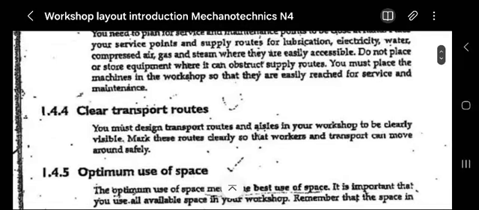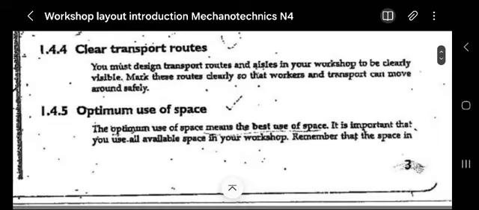Clean transport roads. You must design transport roads in your workshop to be clean and visible. Make these roads clear so that workers and transport can move around safely. Optimum use of space. Optimum use of space means the best use of space.